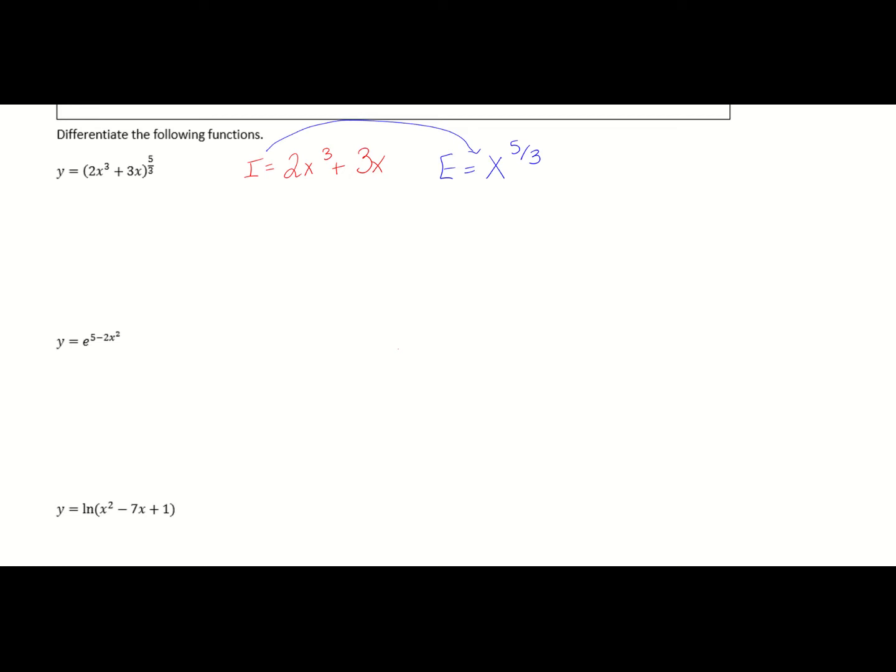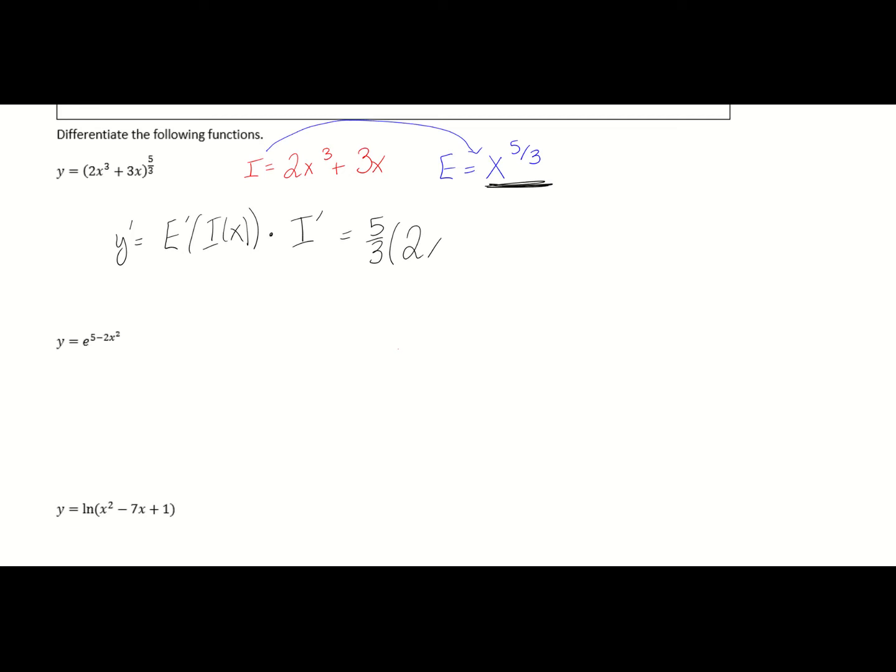So you're going to have e prime, so y prime, is going to be the derivative of the exterior function without touching the inside, times the derivative of the interior function. So how do we apply that? We take the derivative of this first, so we bring down the 5/3.